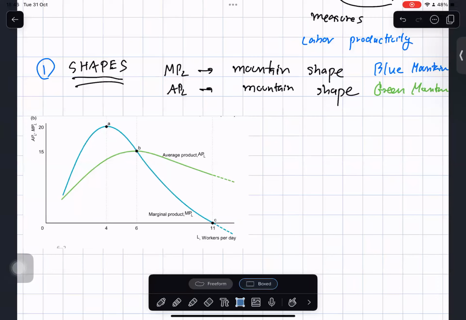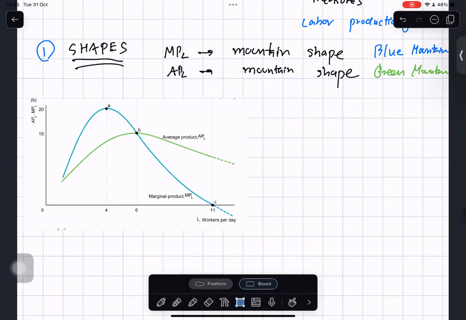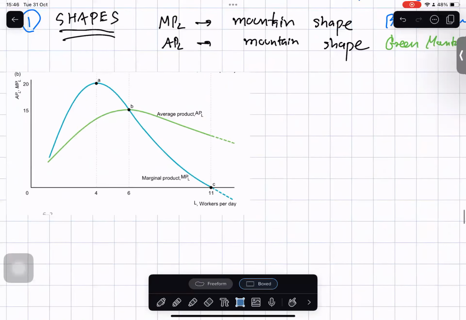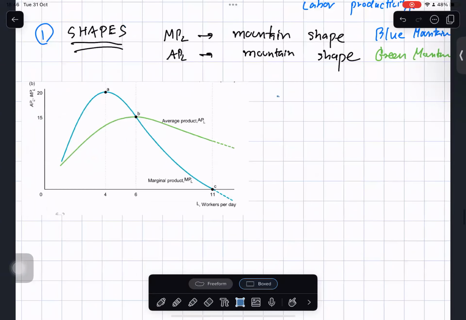What else do you see when you look at the two mountains together? Anything interesting? They cross at one point.